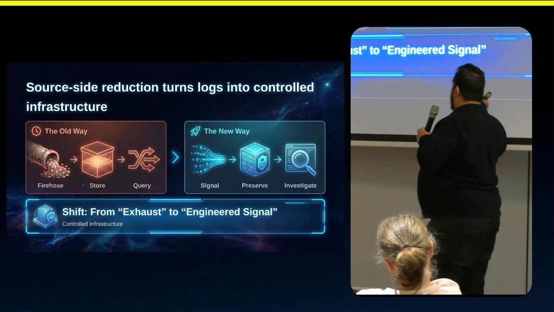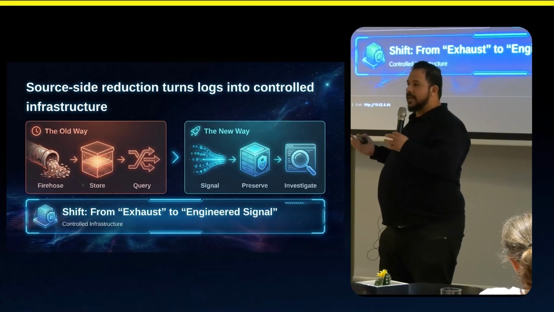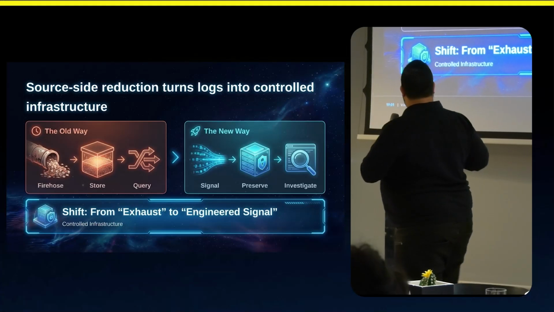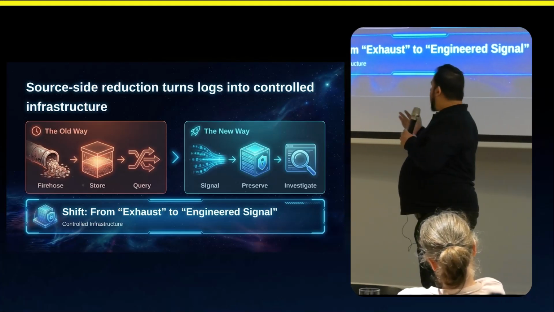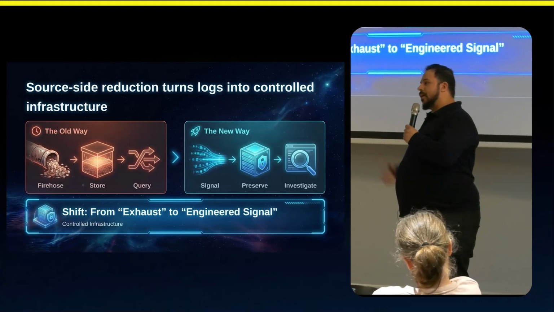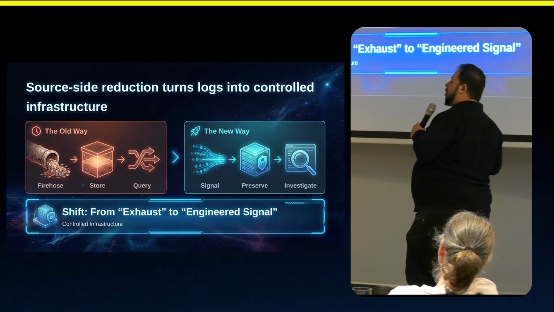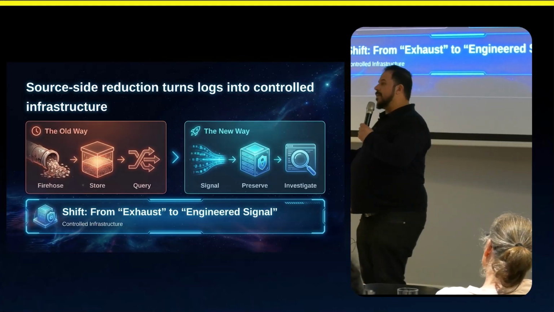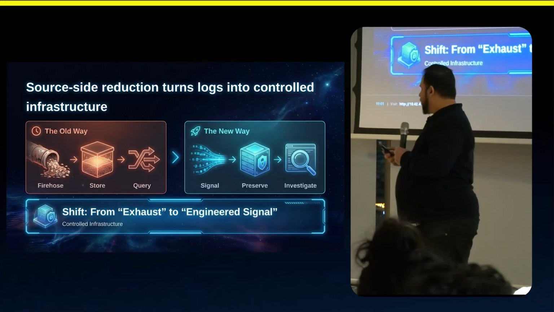And then we preserve it, and we investigate upon a signal. We're not investigating upon noise. And that's a significant thing. So now the logs are becoming, from an exhaust, an engineered signal. It becomes something that you control, and you emit that signal from the get-go, from its source.